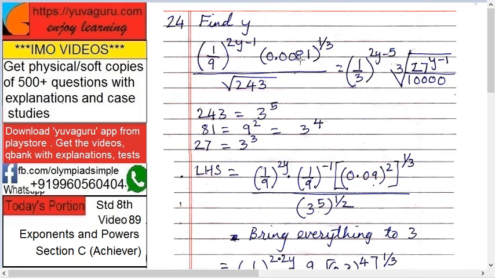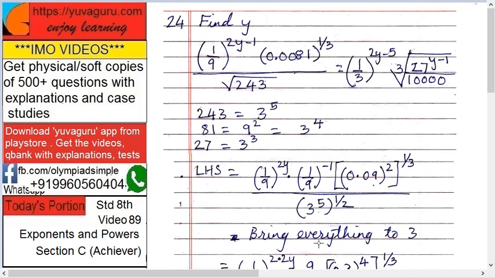It is 0.09 square, right? Because 9 square is 81, and adjust the zeros, 2 to 4. So 0.09 square, the whole raised to 1 by 3. The whole upon 243, which is 3 raised to 5, raised to 1 by 2, right? Because this is a square root, so it becomes 1 by 2.